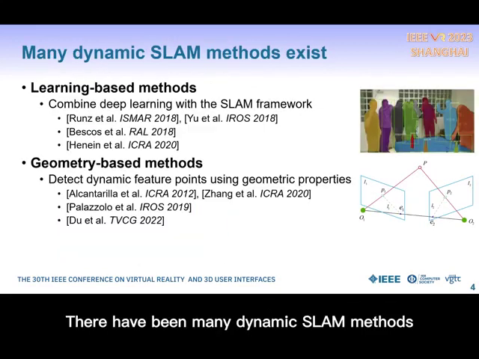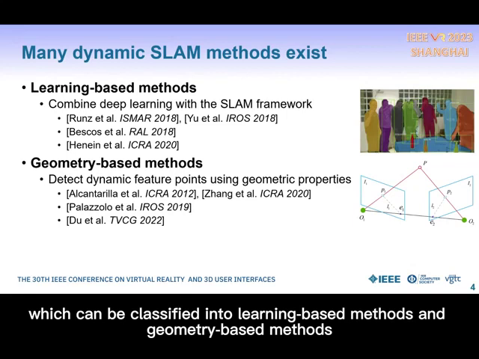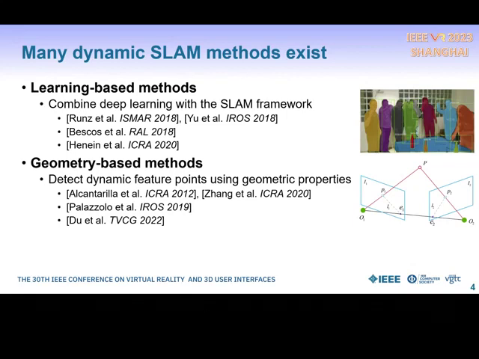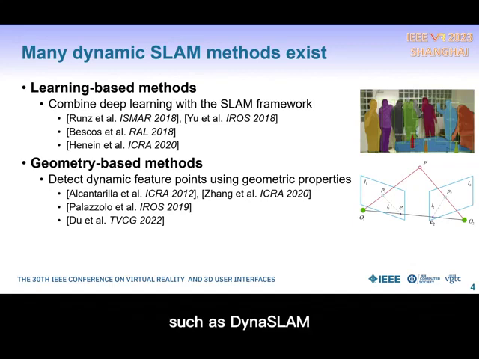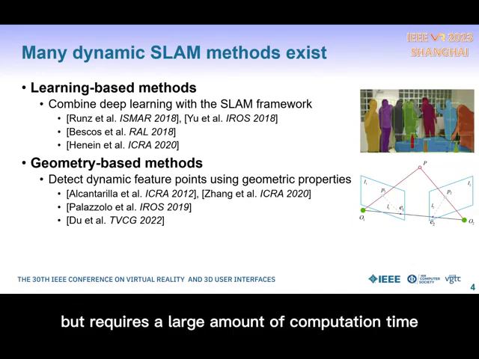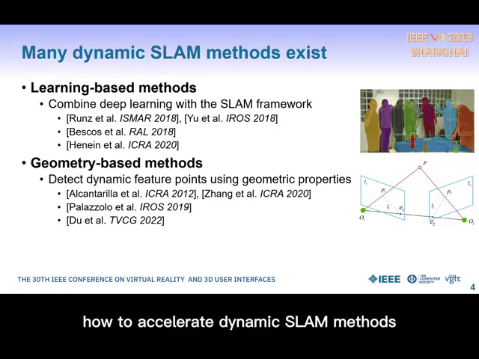There have been many dynamic SLAM methods, which can be classified into learning-based methods and geometry-based methods. The learning-based methods combine deep learning techniques with the SLAM framework, such as DynaSLAM, but require a large amount of computation time. So how to accelerate dynamic SLAM methods?